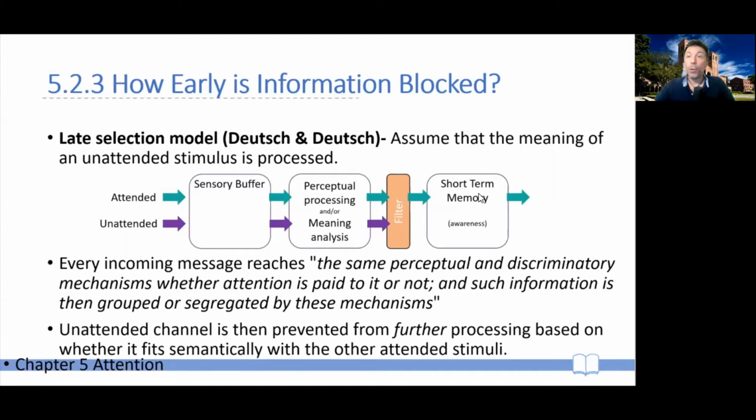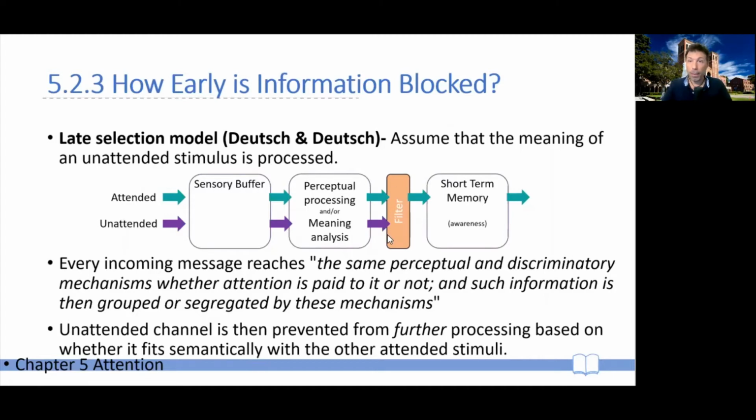In other words, you do process fully for its meaning, for its contents, all the information that gets transduced, all the information that gets sensed by your sensory organs. After this stage, information gets filtered.